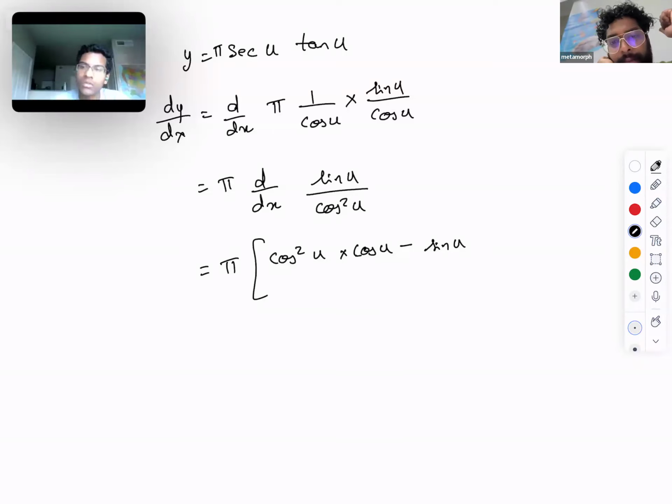What do I do about the cos squared? How else can we do this without using the chain rule?